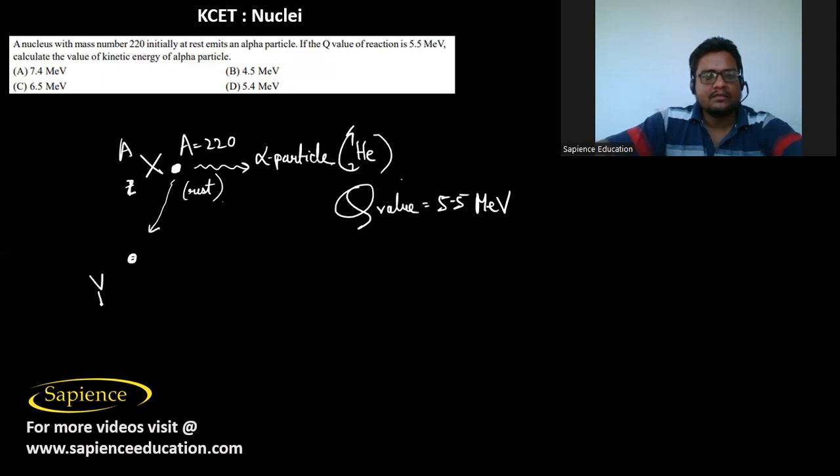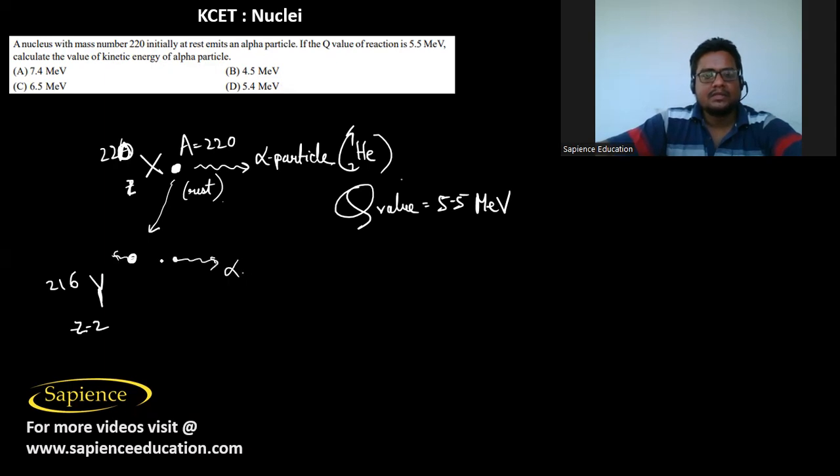So here it will give out Y. Y will be Z minus 2, and the mass number will decrease by 4 units. So that will be 216, since A is 220 here. Then it will give out one alpha particle.